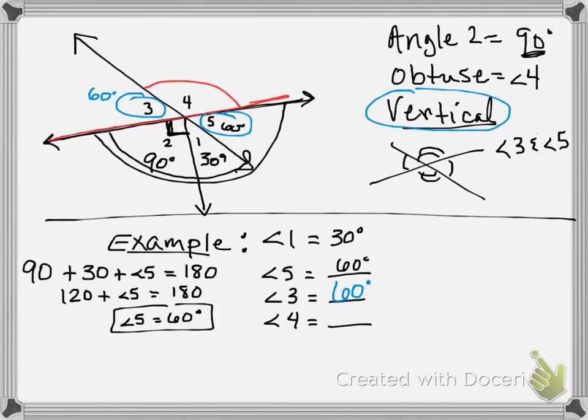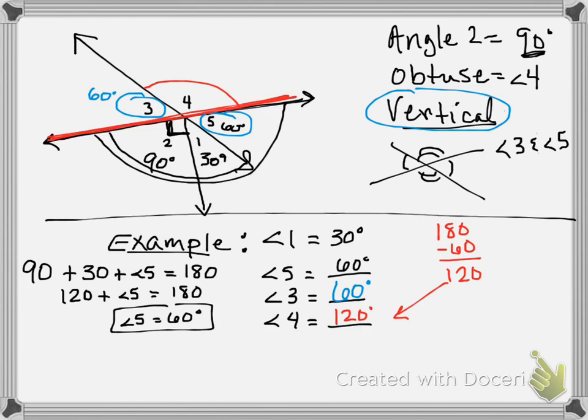Obviously you can see that there's a straight line, so you know that's got to add to 180. So 60 plus angle 4 equals 180. Or you could just simply say 180 minus 60 gives me 120. And so that is going to be my angle 4, 120 degrees.